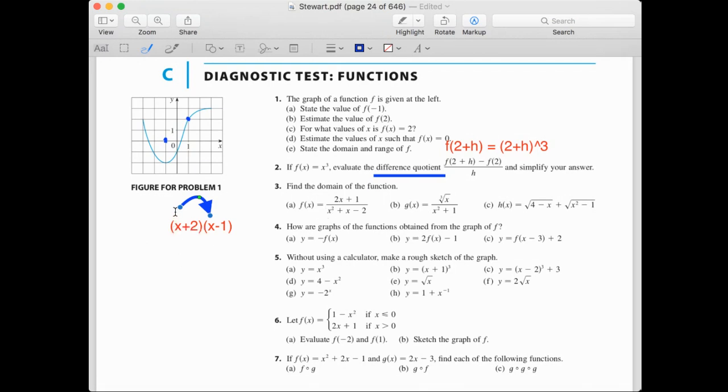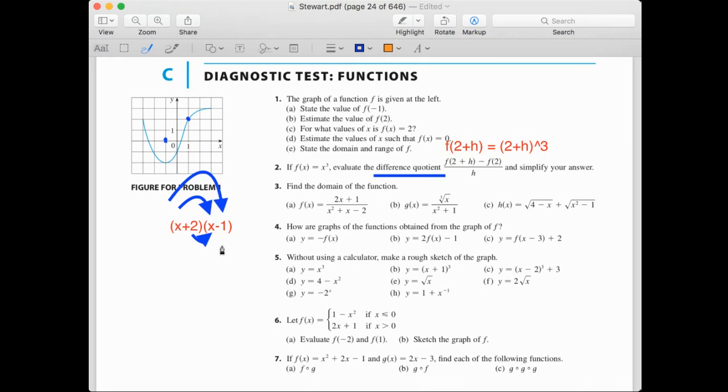Then x times negative 1 gives us negative x. Then 2 times x gives us 2x. Add together, we get positive 1x. Then 2 times negative 1 equals negative 2. If you are not very good with factoring, practice on this.